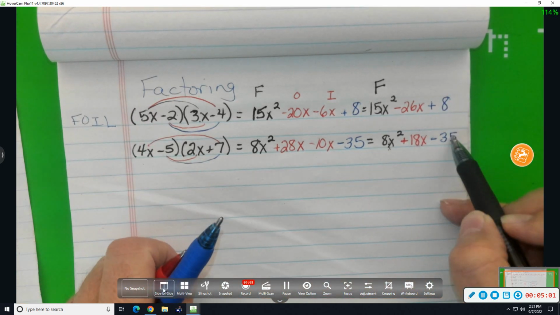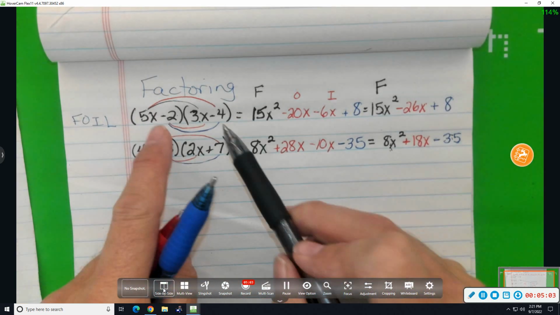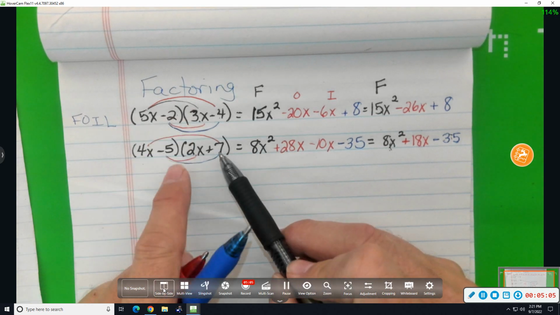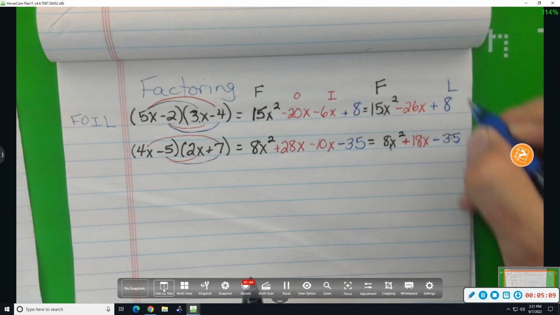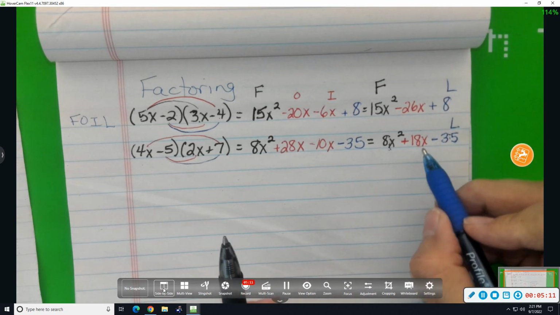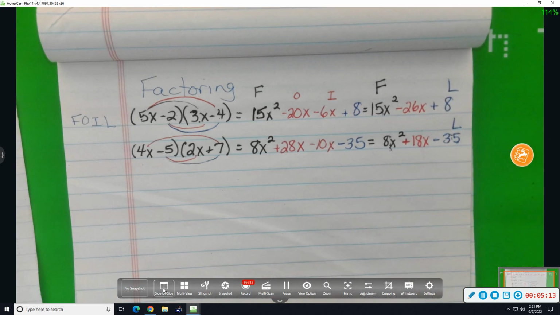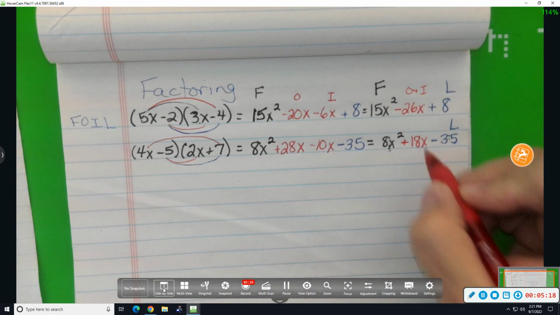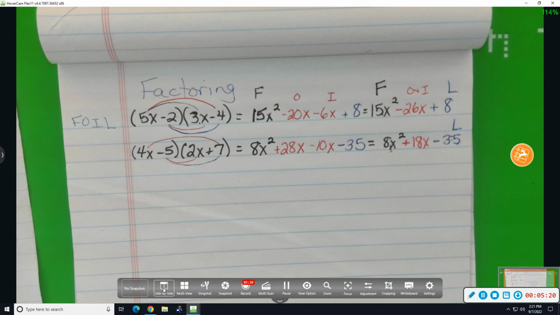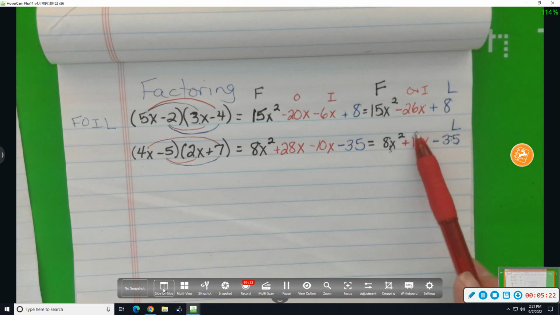This last number, the number I have in blue, comes from multiplying out the last numbers. To get the middle term, that's the outer and the inner. You combine the outer and inner terms, and that gives you this middle term.